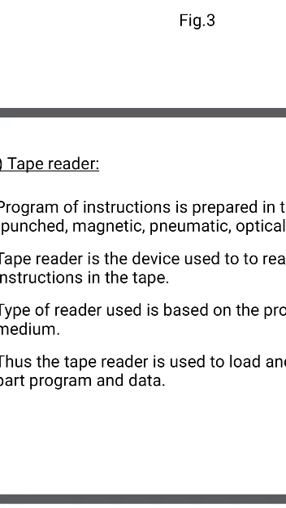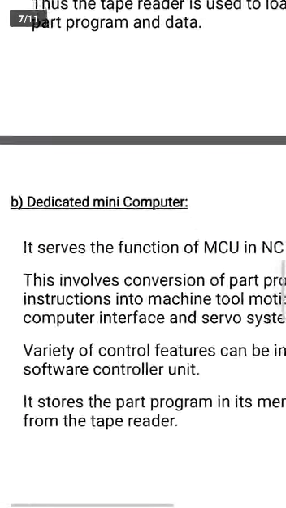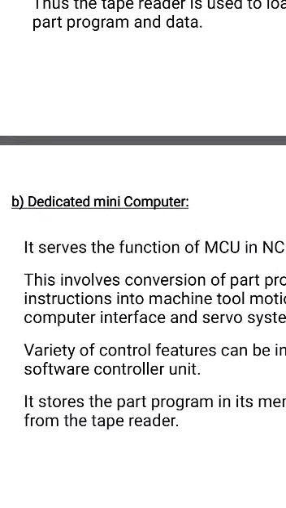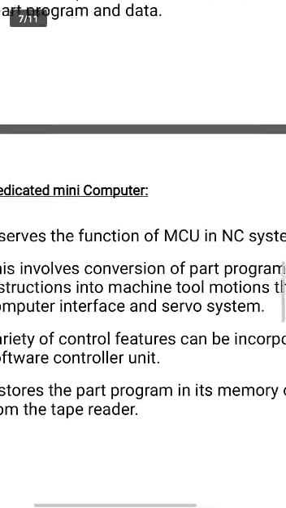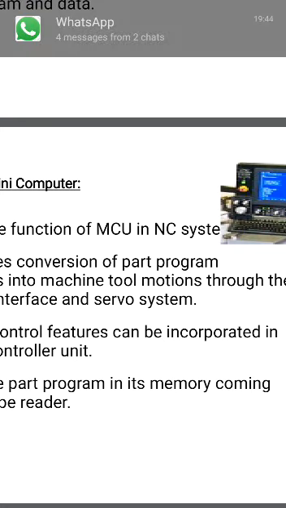Next one is the mini computer or microcomputer. What will this do? The primary function of the computer is to control the machine tool. The computer interface and servo system convert the part programming instructions into machine tool instructions, that is, into machine language.